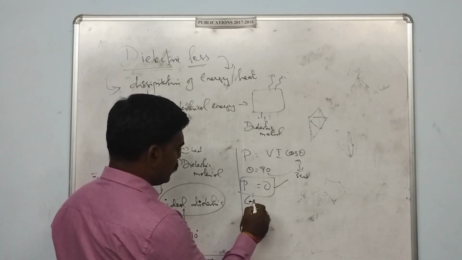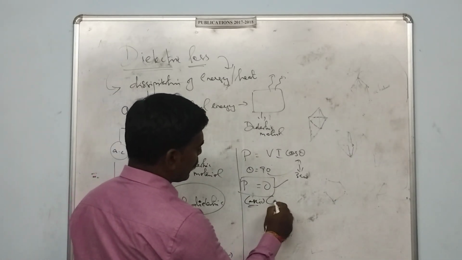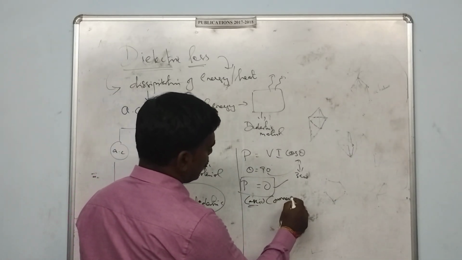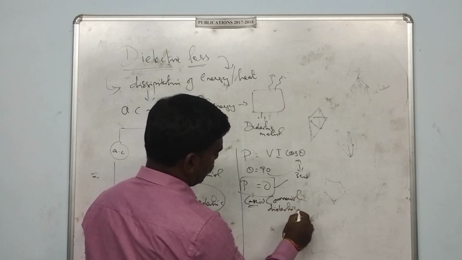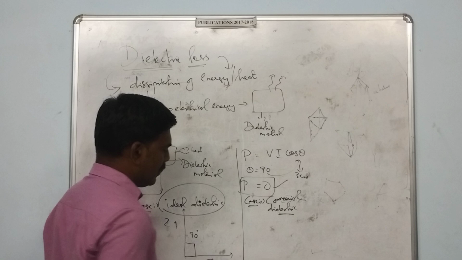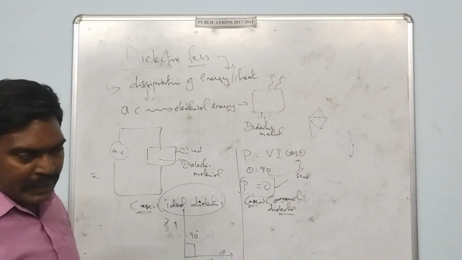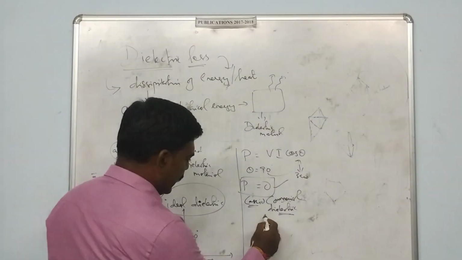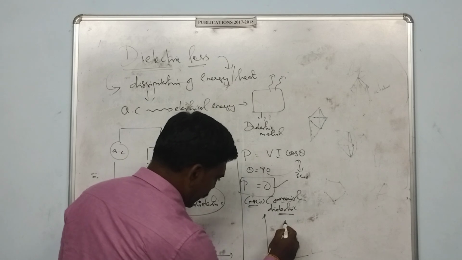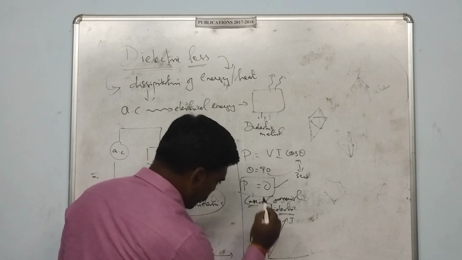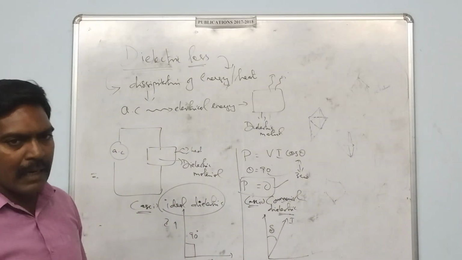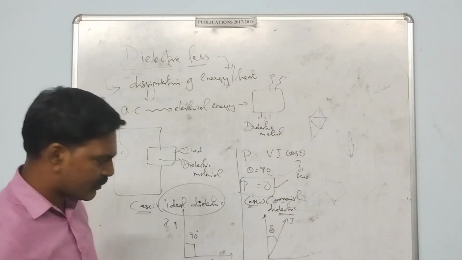Then what about the commercial dielectric material? Case 2, we consider the commercial dielectric material. For this commercial dielectric material, the phasor diagram between voltage and current looks like this, I and V. This angle we denote as the loss angle, the dielectric loss angle.